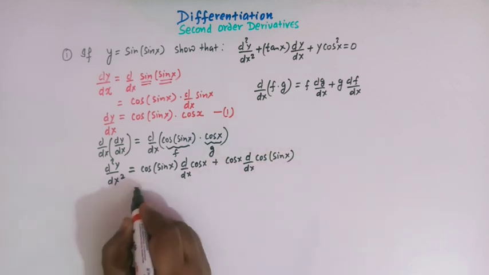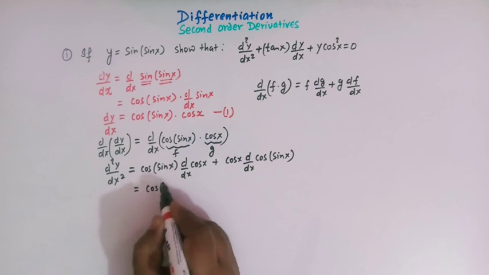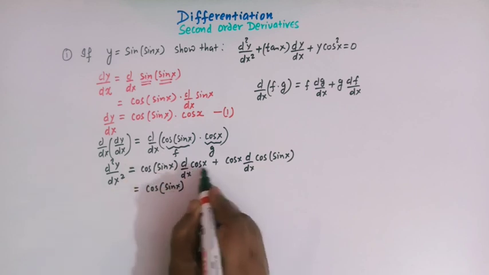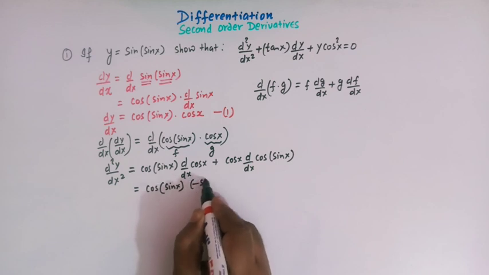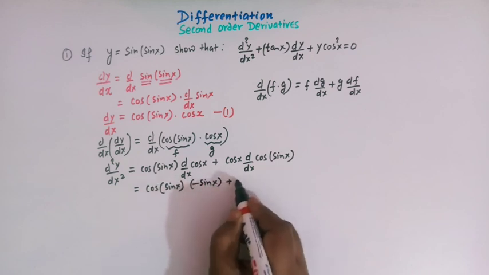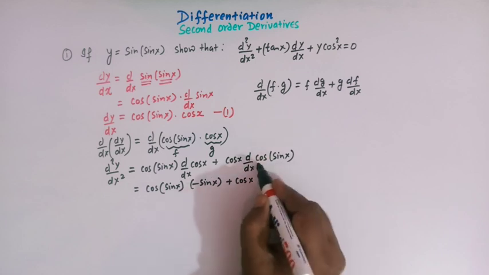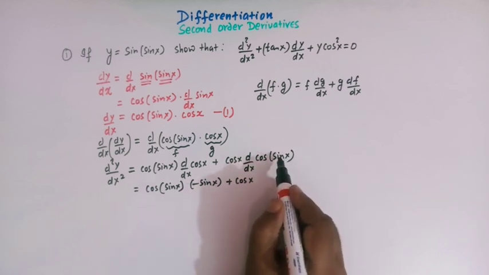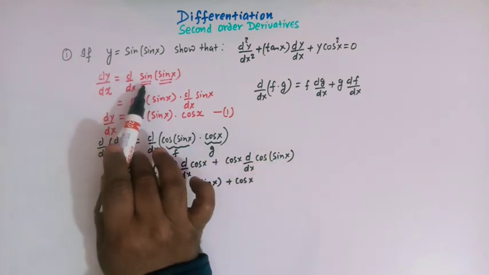Now we can simplify it. Here we have cos of sine x, the derivative of cosine function is minus sine x, then we have cos x, and we have to find the derivative of cos of sine x. Again we'll adopt the same method.